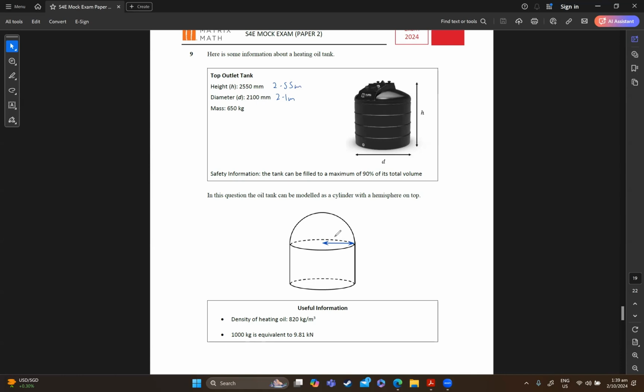So 2.1 divided by 2 is 1.05 meters. This is the radius. Then your entire height over here is at a height of 2.55.